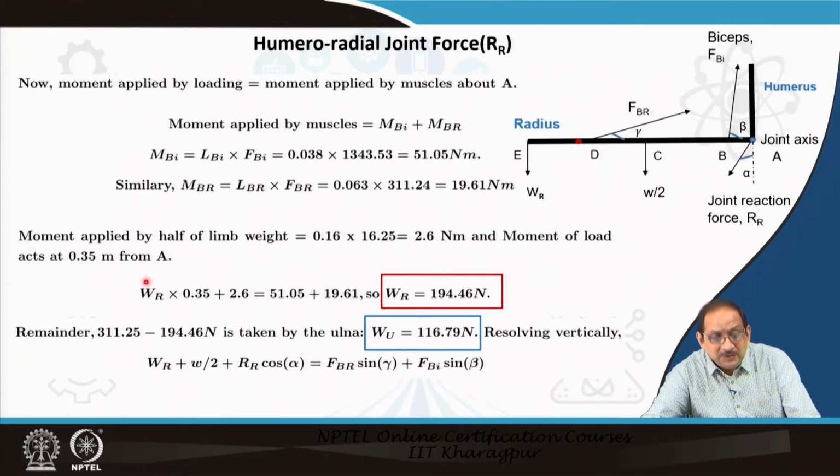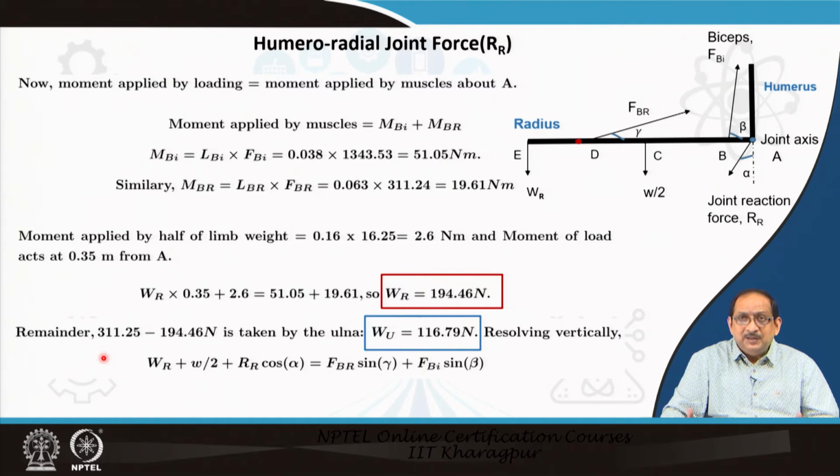So, this needs to be first determined, but we can use the moment balance equation, the equilibrium equation, and determine the value of WR, which is the weight carried by the bone radius, which comes out to be 194.46.